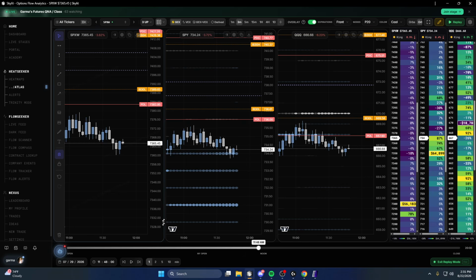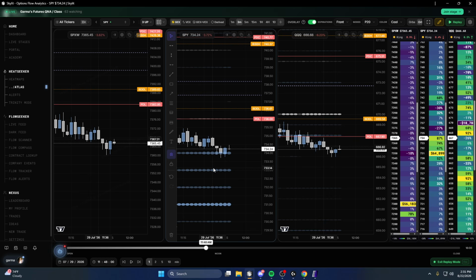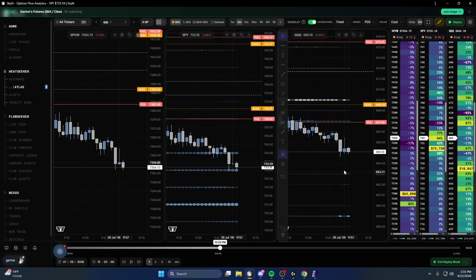That 659 is popping on QQQ. It's weird to see QQQ in the 650s. That's crazy, so low on QQQ. Yeah, you could consider it weaker, but I don't see anything I like on these maps.